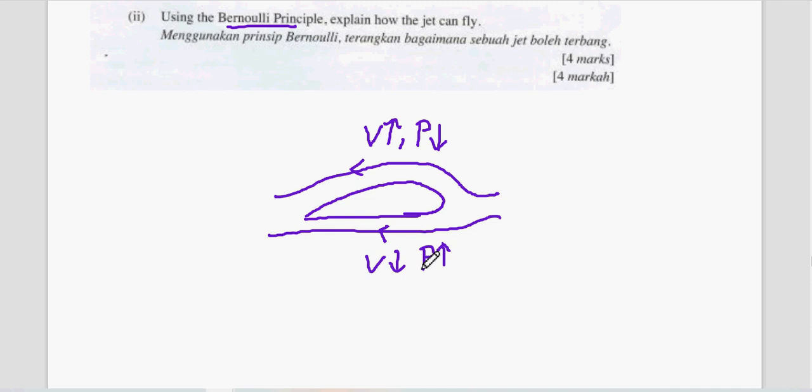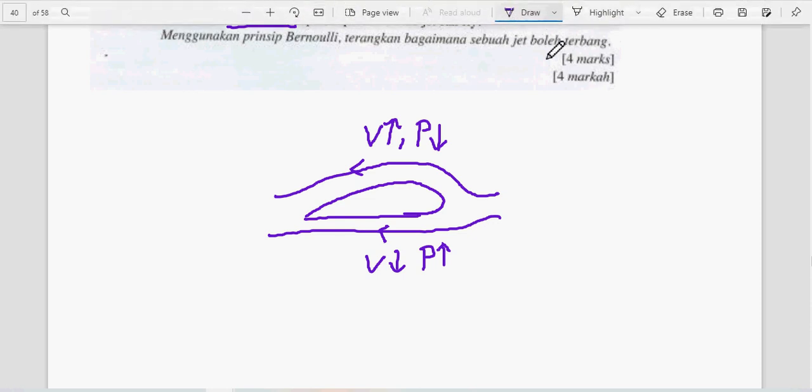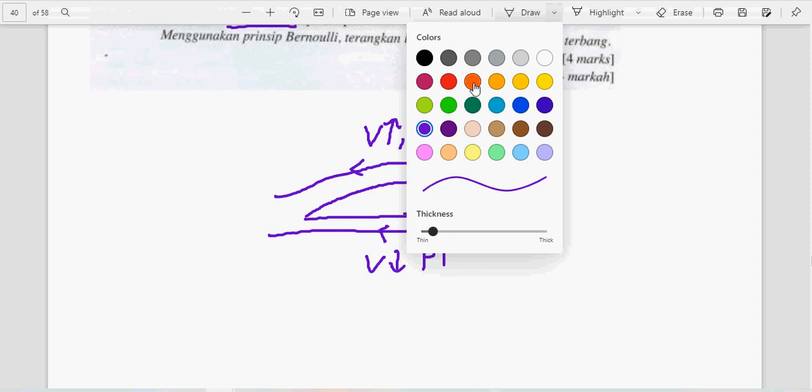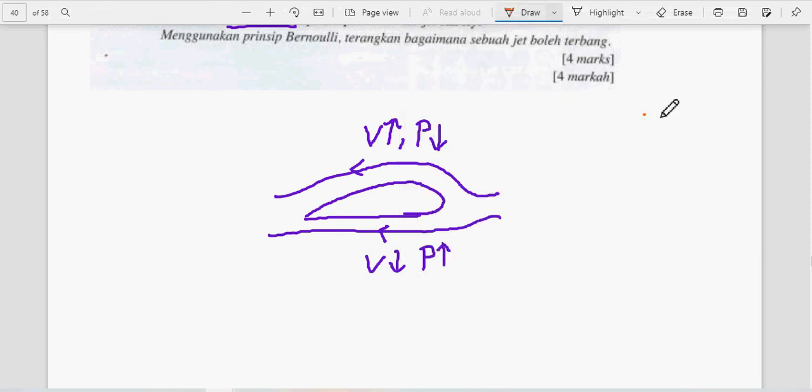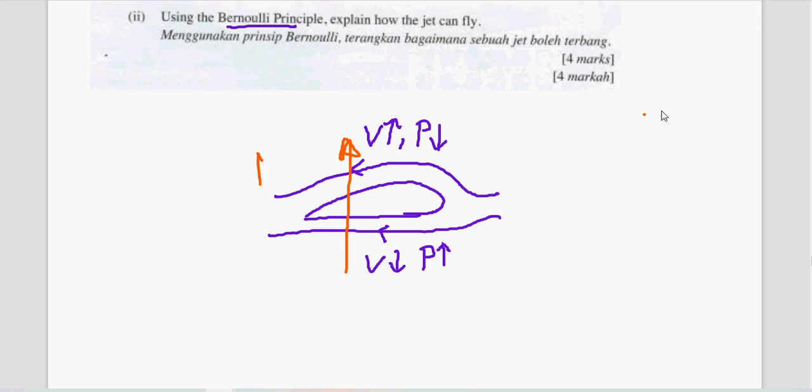Can you understand? And below, the velocity of the air is lower, hence the air pressure beneath the wing will be higher. Hence this will give a net force pushing the wing upward. The difference in pressure here creates a net force. This is what we call lift.